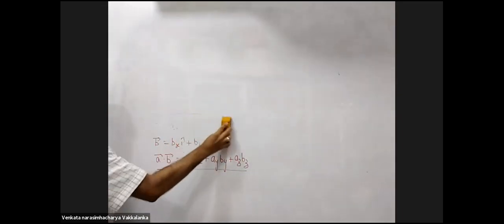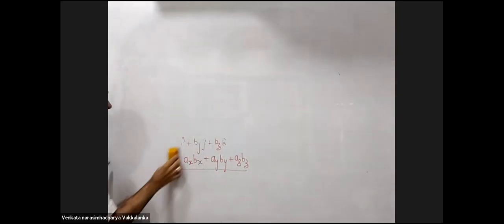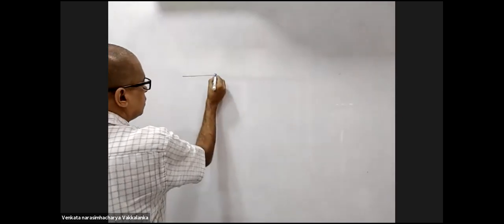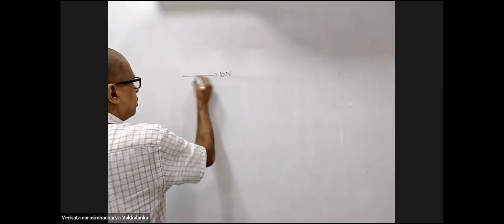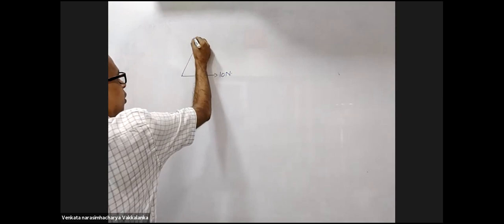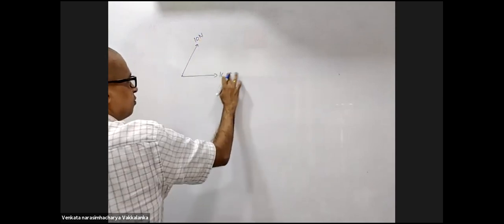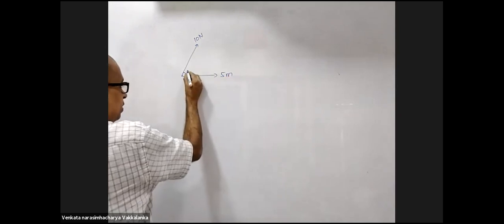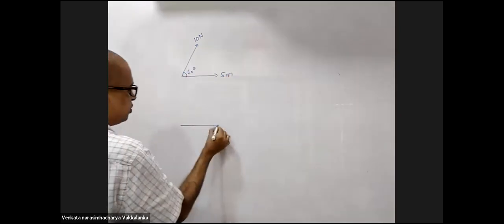Now listen. Now instead of I cap, J cap, K cap, I'll give you two vectors this way. This is 10 Newton of a force and this is 5 meters of a displacement, and the angle between them is 60 degree.